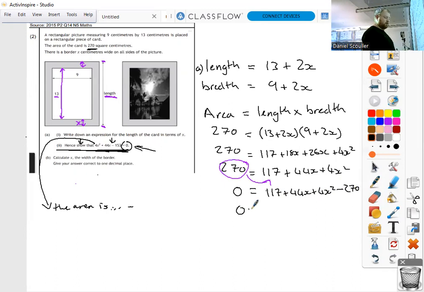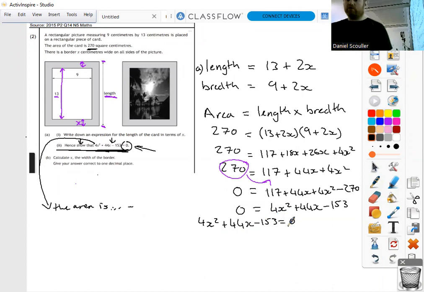Tidying that up and rearranging it: 4x squared plus 44x, bringing the like terms together, minus 153. If we flip that round so that the zero's on the other side, we've just spun that equation round, we've not changed anything.